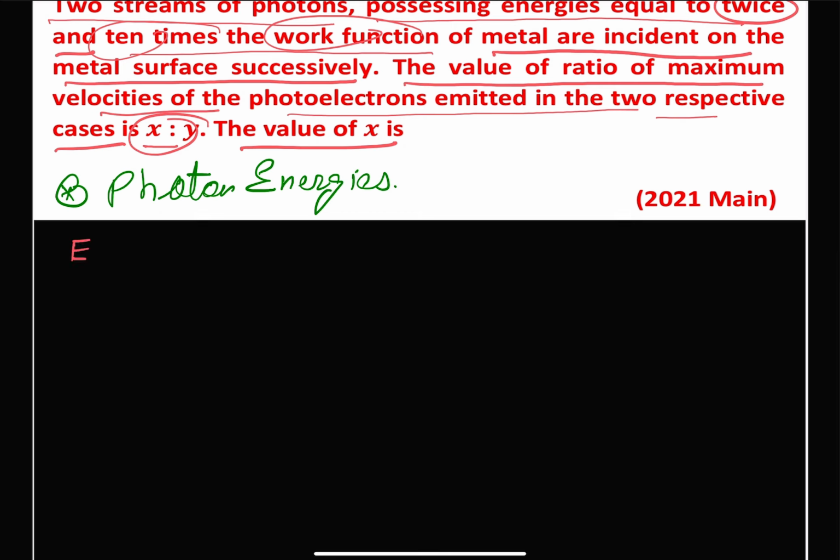Let us suppose the first energy is E1, which is 2 times the work function. The second energy is E2, which is 10 times the work function. And the velocities, let us suppose, are V1 and V2. So the ratio V1 is to V2 in this question is specifically given as x is to y.